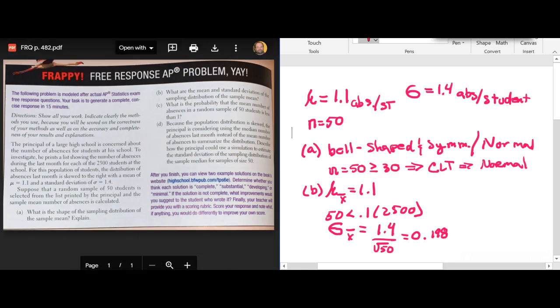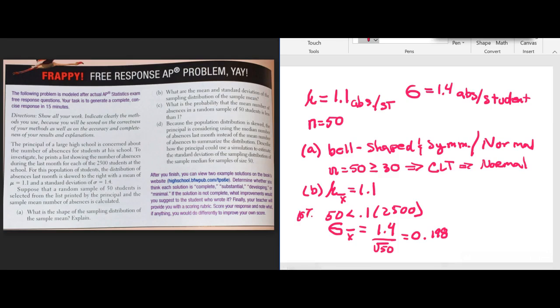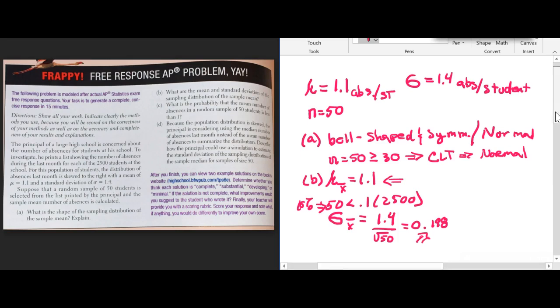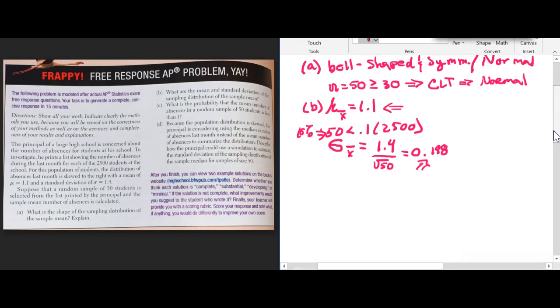Fantastic, right? So met the 10% criteria, got through that, so I have the mean and the standard deviation for the sampling distribution.